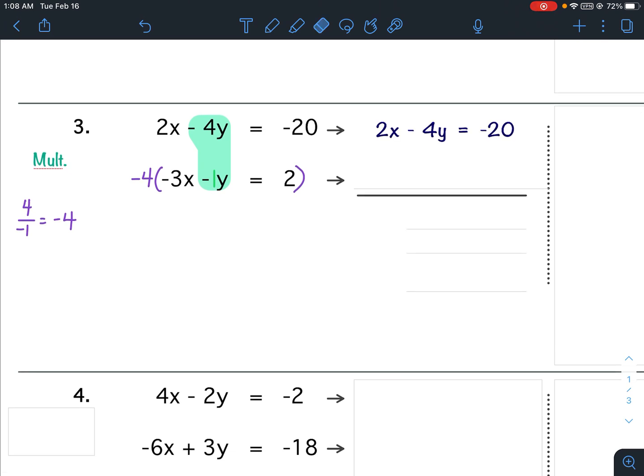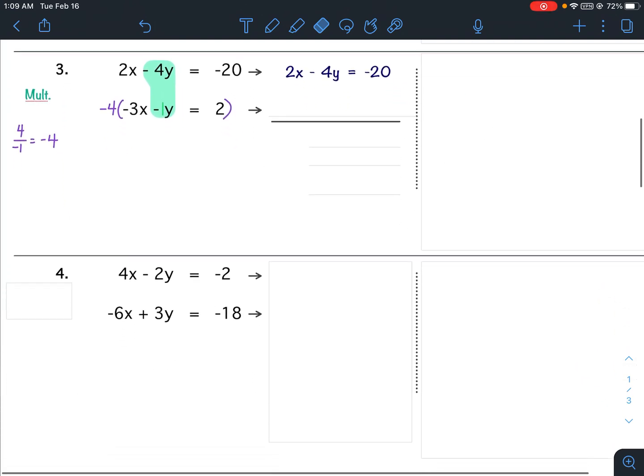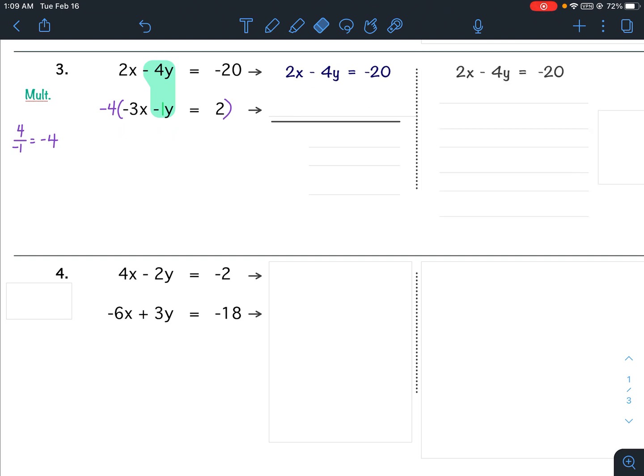In other words, the top equation will stay 2x minus 4y equals -20, and you're going to multiply the bottom equation by -4. Don't forget to multiply all 3 terms by -4. That is all the farther I'm going to help you on number 3. I will tell you, you'll multiply the bottom equation to eliminate one of the variables.